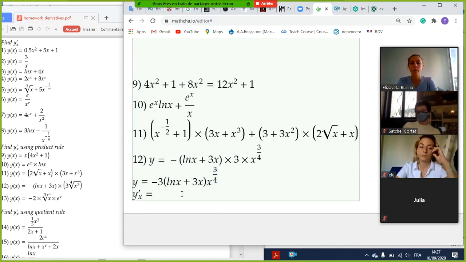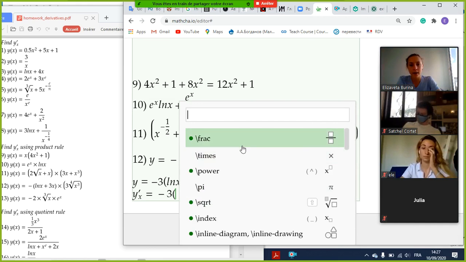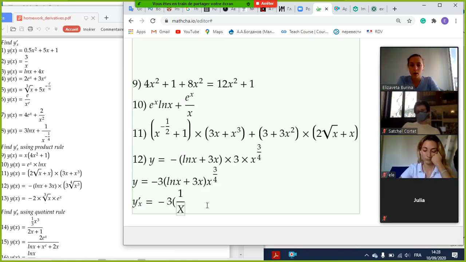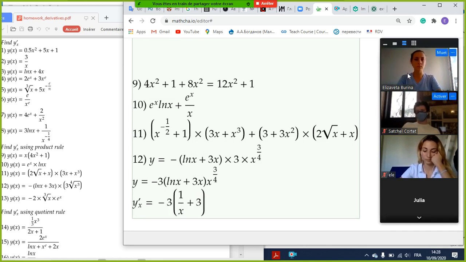Okay, cool. So now the derivative of the first part will be minus 3 because we don't know where to put it. And here we're getting our fraction of 1 over x plus 3. Okay, cool.